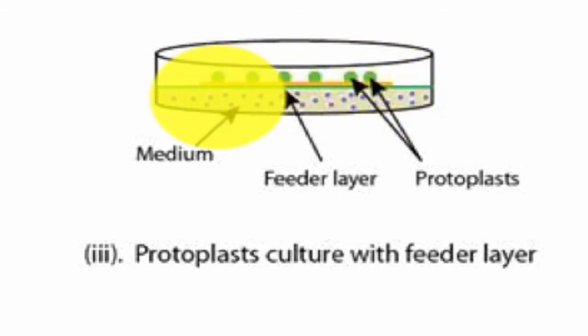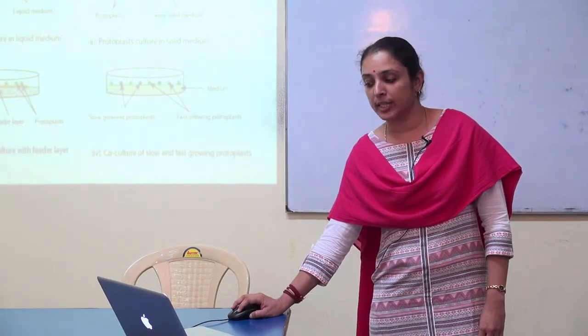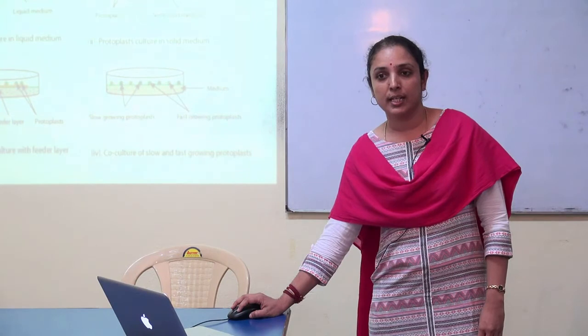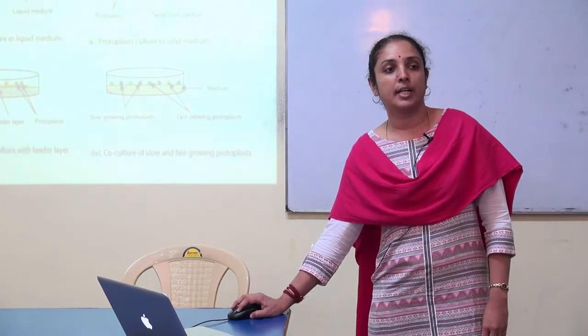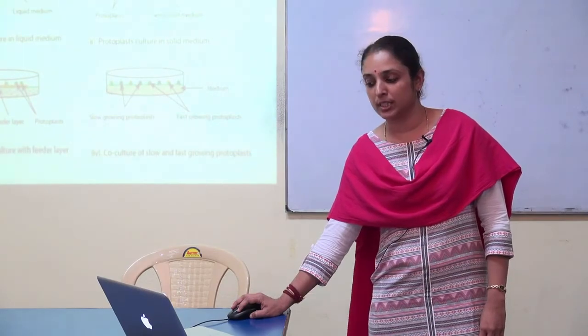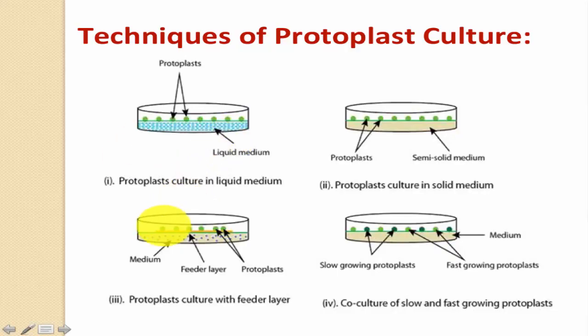This layer absorbs nutrition from the media and supplies it to the protoplasts. That is how they get propagated further, and after a few days, maybe around 10 to 15 days, they are transferred to plant tissue culture bottles with specific composition. This is about the feeder layer technique.